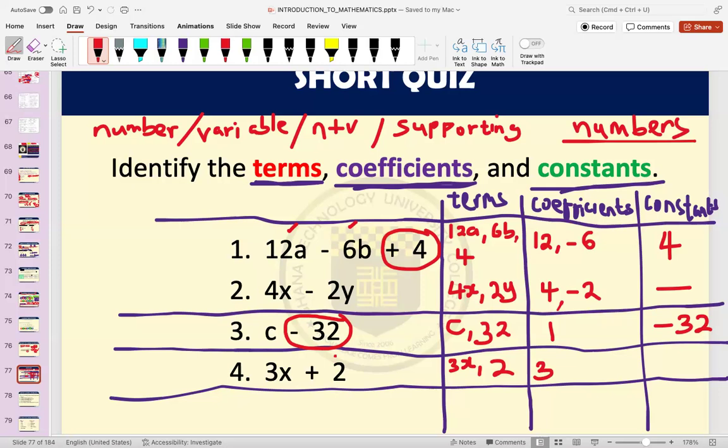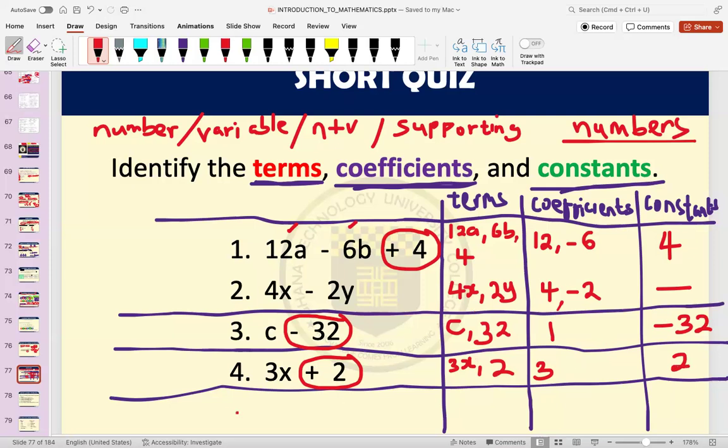Apart from that, we don't have any variable here, so 2 cannot be a coefficient. And then we move to the constant. We have positive 2. When it's positive, we don't normally write the positive, except it is negative. The moment it's negative, we write it. But when it's positive, we hide the positive sign and write this one as 2.